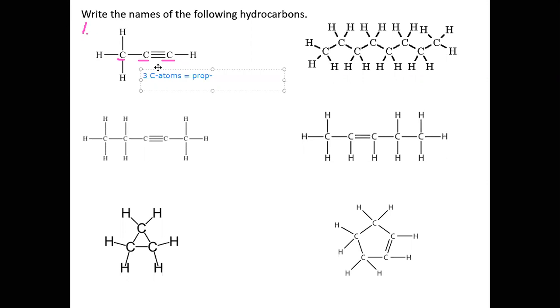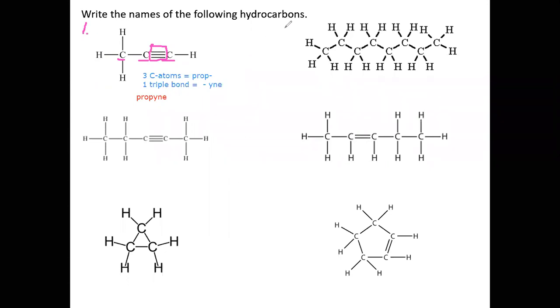Now notice that we have 1 triple bond, and a triple bond is 3 lines. So we use the suffix yne. Let me show you that triple bond. The triple bond is 3 lines attached to a carbon. So this is the triple bond right here. And so the name of this compound would be propyne. The prop represents 3, the yne represents a triple bond.